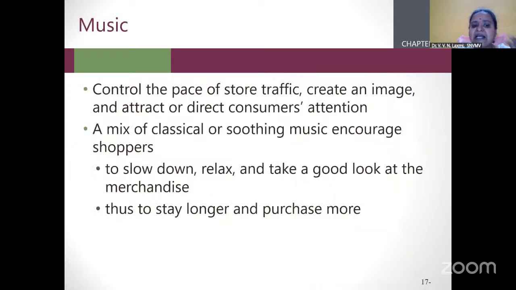A very relaxed music will definitely control the pace of the traffic. If these atmospherics are used in a very intelligent way by the retailer, we can retain the customers for more time within the store, which will once again increase the impulse purchases by the customers.